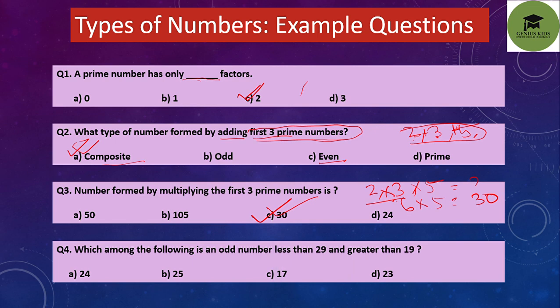Next question. Which of the following is an odd number less than 29, greater than 19? Please read the question very carefully.